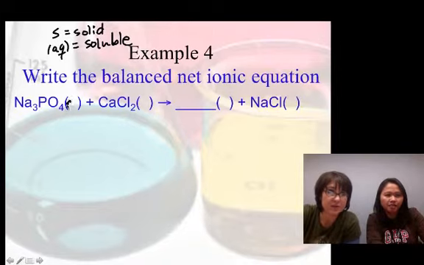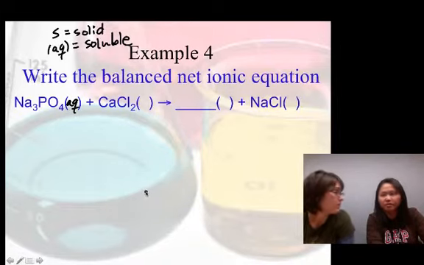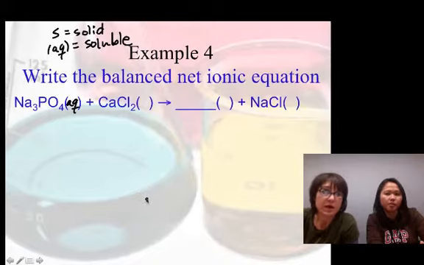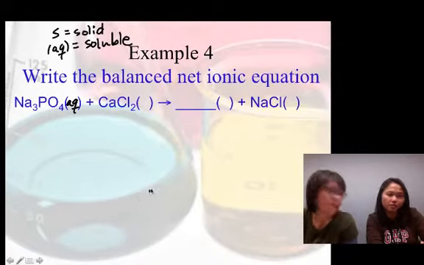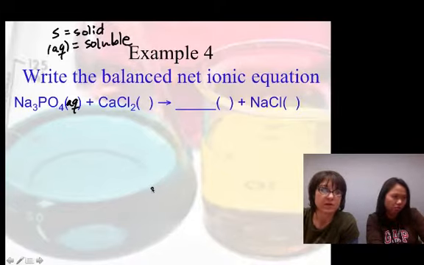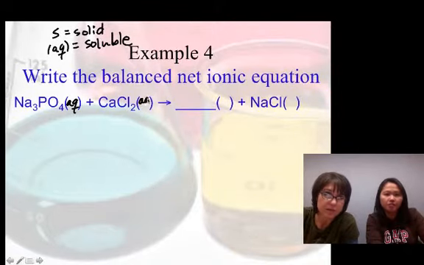Nah, so we put AQ because sodium doesn't make precipitates with anybody. How about calcium? We don't have a calcium rule. We have a chlorine rule. Remember, knuckle, no so. Chlorine is the 3 amigos, silver, mercury, and lead, and Ca is not one of them. All right, so that's AQ.